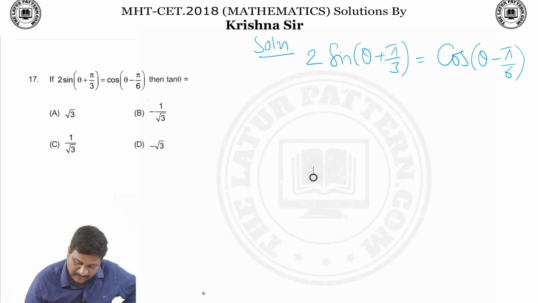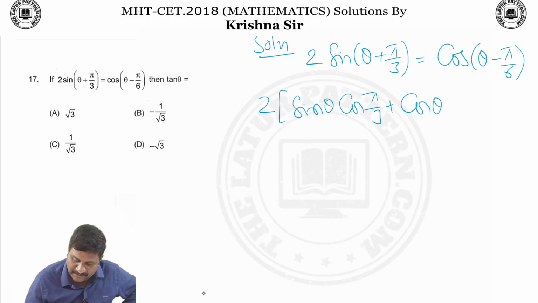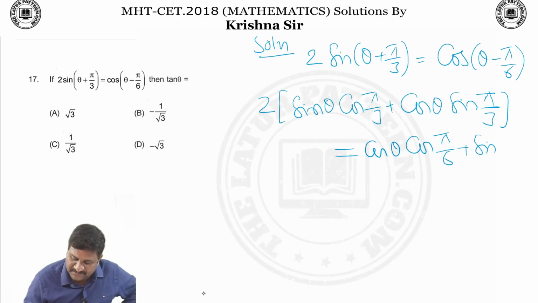Now we apply our formula: sin(a plus b) is sin a cos b plus cos a sin b, which is equal to cos(a minus b), cos a cos b, where b is pi by 6, plus sin a sin b.